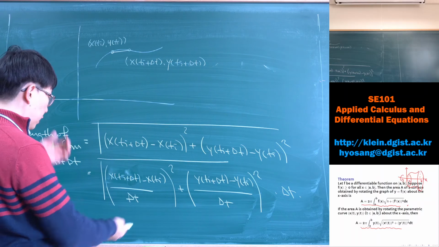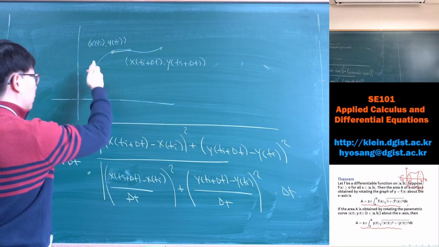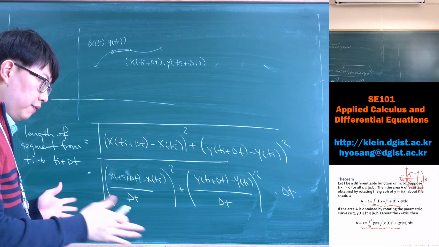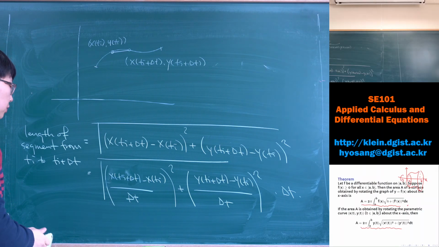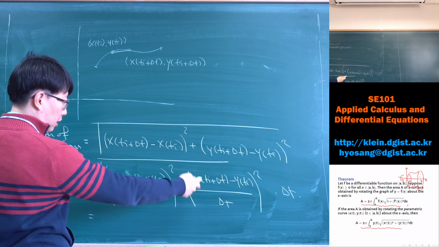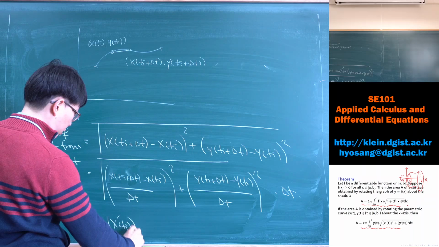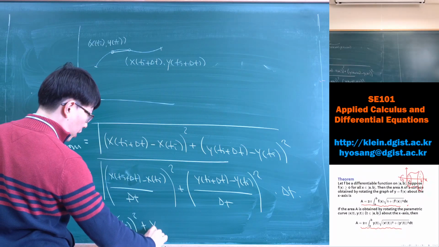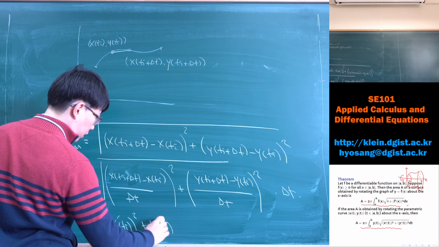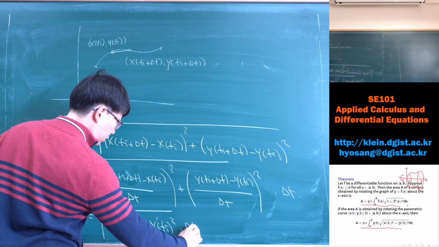Okay. So when delta t goes to 0, because we are going to split this entire curve into infinitely many sub-segments, what happens to this fraction is that this becomes x prime(ti) square, and this becomes y prime(ti) square. So approximately, okay, delta t.